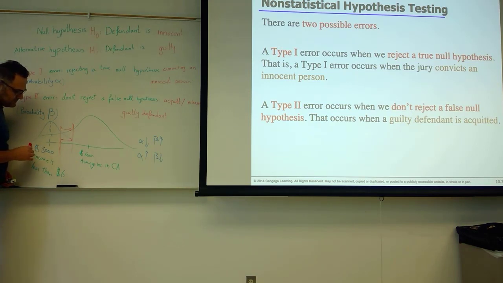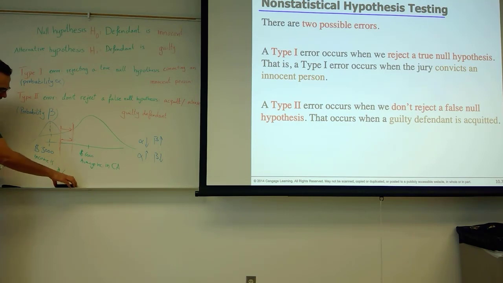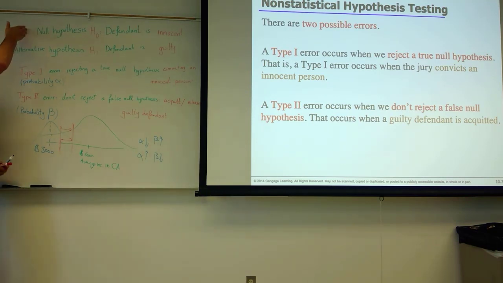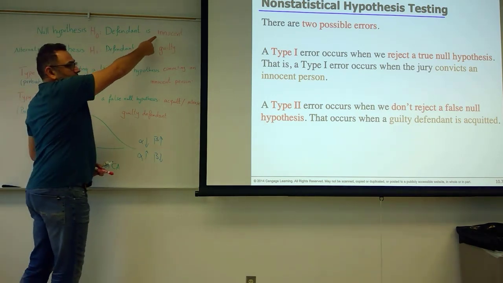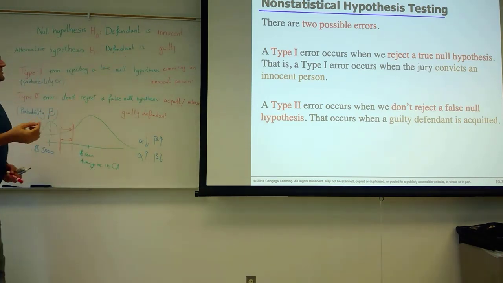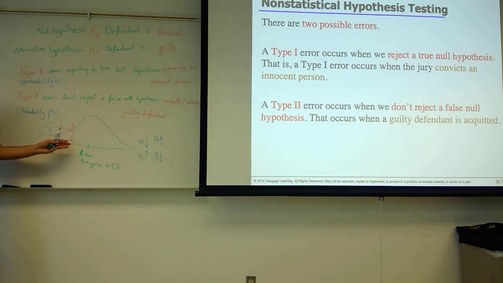Or are we in a situation where the average income is only $3,000 per month? Just like the jury that doesn't know in what situation we are. Do we live in a universe where the defendant in front of me is indeed innocent as he claims? Or are we in a situation where he's actually guilty and just pretends or claims to be innocent? So same situation is here.